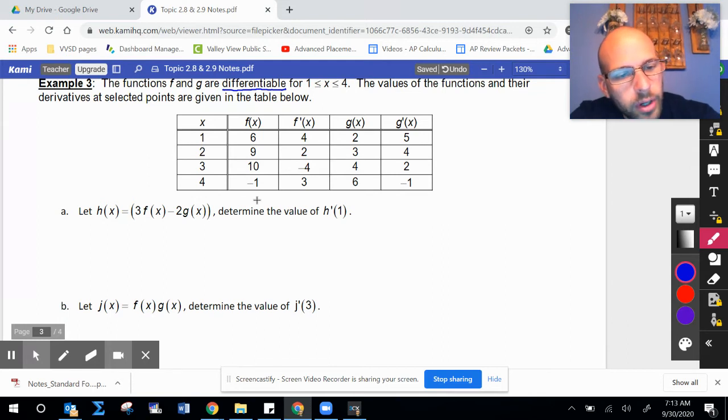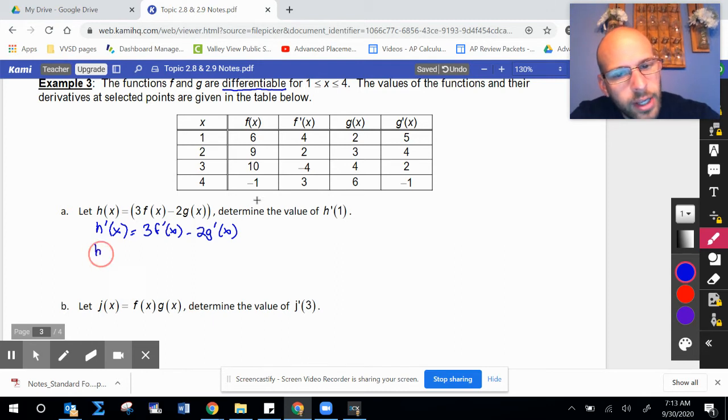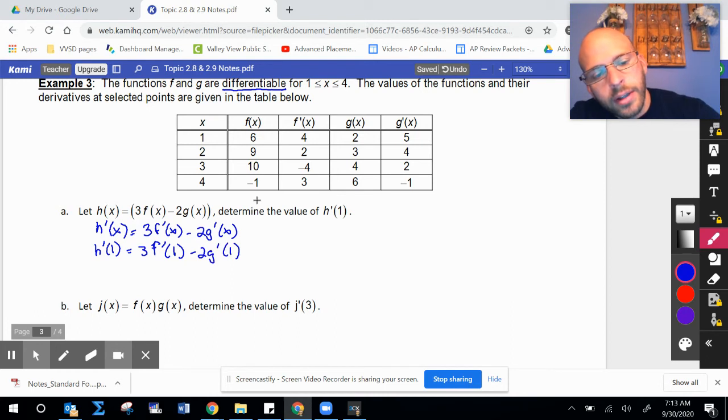So I want to know h prime of 1. So let's find h prime of x. Well, this is just a difference. This is just going to be 3 f prime of x minus 2 g prime of x. And if I want h prime of 1, that's just going to be 3 f prime of 1 minus 2 g prime of 1.